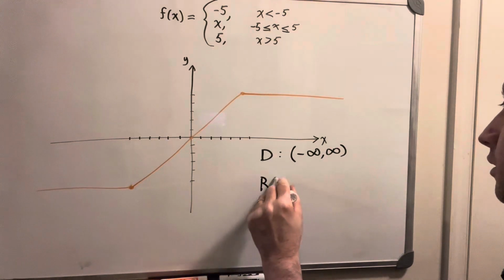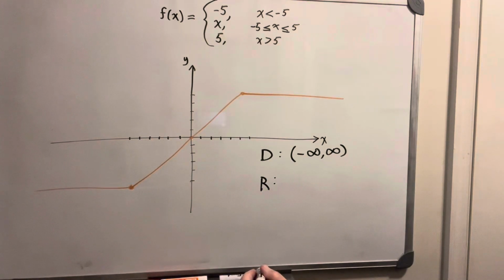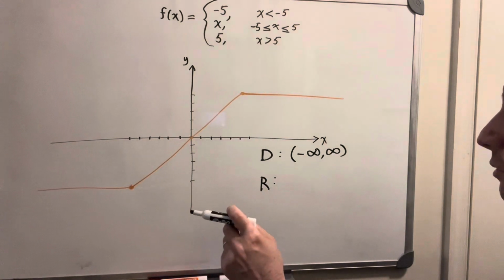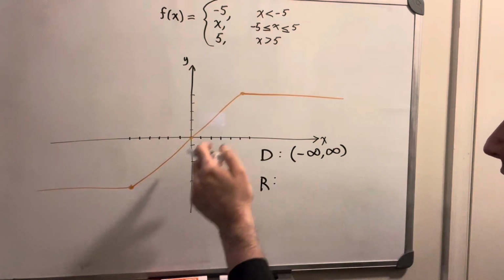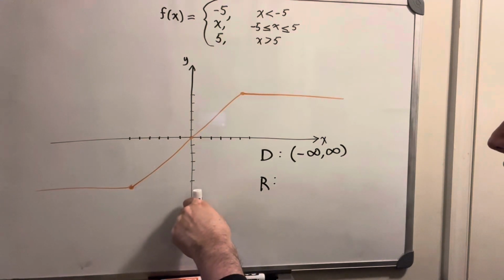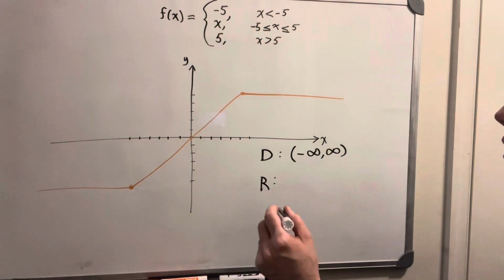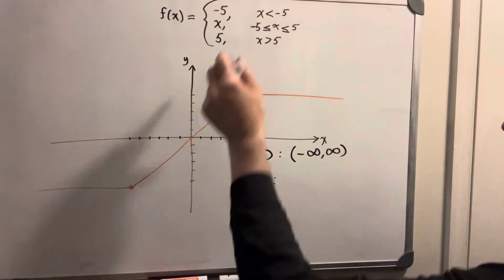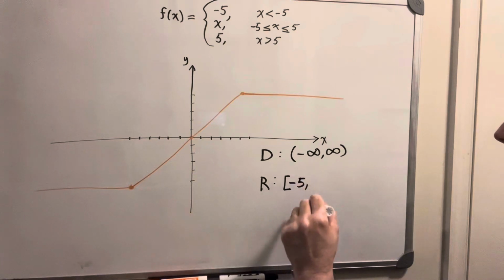Now the range. What values does this function take? What are all the possible values that this function can take? Look at the graph. Is there any value less than -5? Can the function take the value -5? Yes, we see that it includes the value -5.